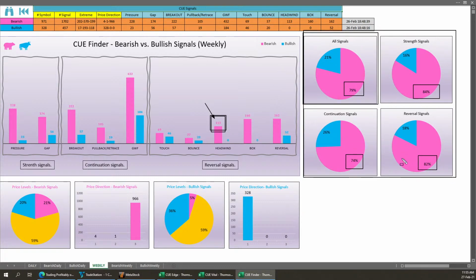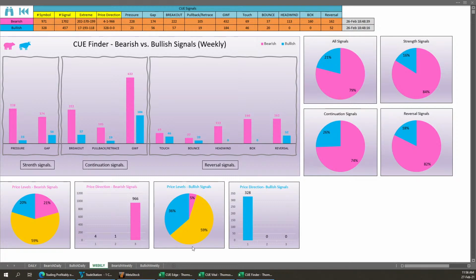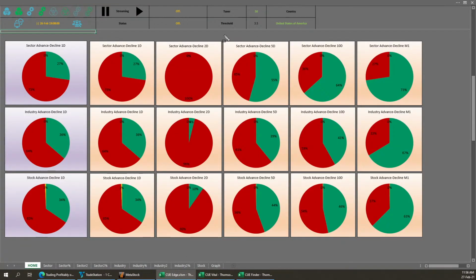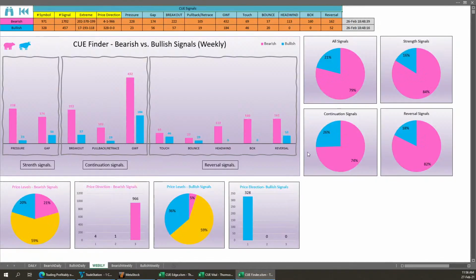This is interesting, isn't it? In terms of technical breadth, the weekly picture is bearish, but if we look at the sector industry stock advance decline, that is balanced. It is not that bearish. Now this Q edge analysis is based on S&P 1500, and I ran QFinder on S&P 1500 plus liquid stocks.